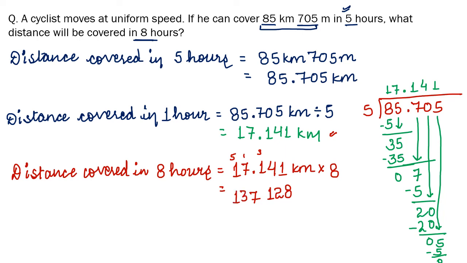Now put the point before 1, because 3 digits are there after the decimal here. So count 3 digits from this side, 1, 2, 3, and put the decimal here before 1. So we got distance covered in 8 hours is 137.128 kilometer. This is the required answer.